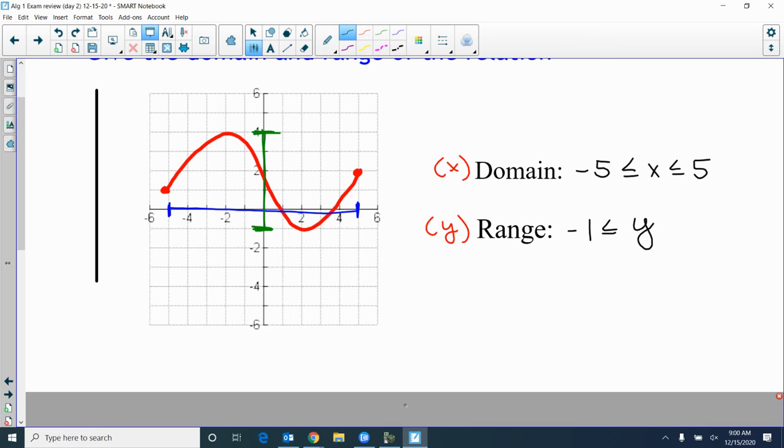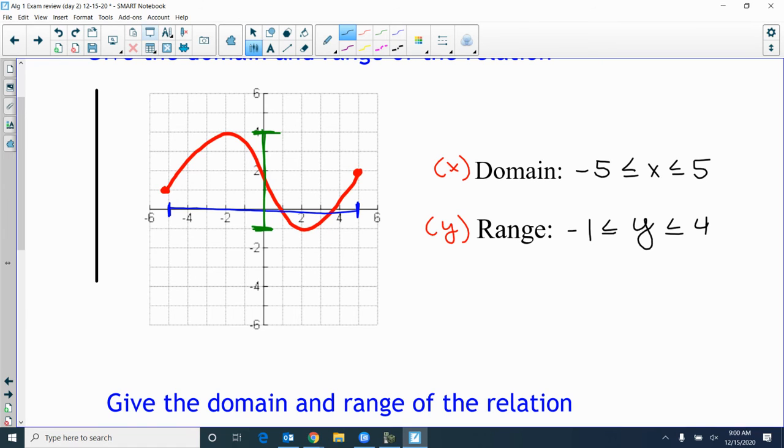And then what else would I put from there, Christian? Is less than or equal to 4. Okay. -1 is less than or equal to Y is less than or equal to 4. So basically it hits every Y value between -1 and 4, because that's the lowest and that's the highest. So X's are left to right, Y's are up and down.